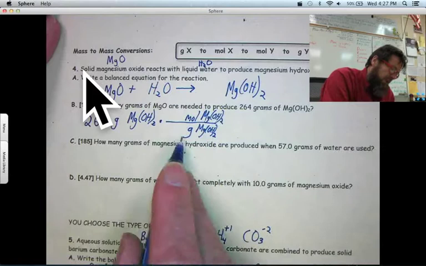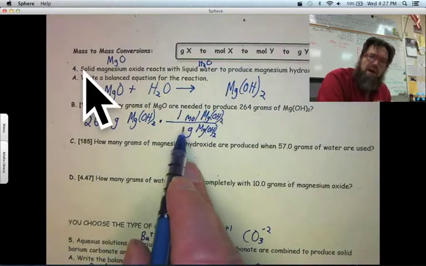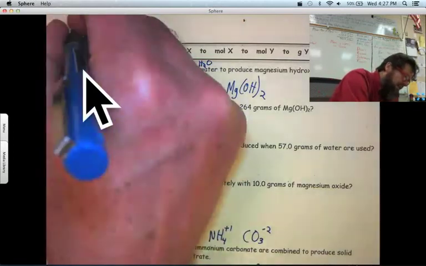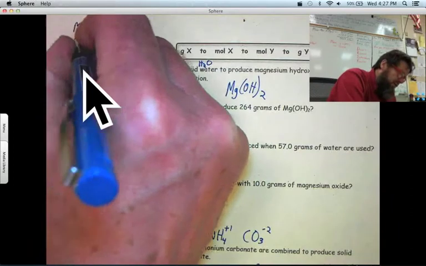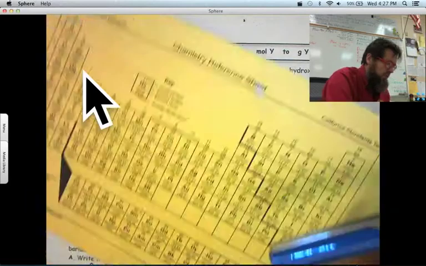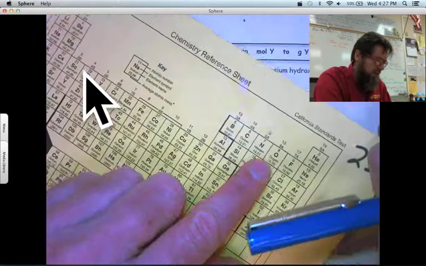How many grams per 1 mole? We have to figure out the molar mass. We've got magnesium and 2 OHs. Magnesium, looking in our periodic table, 24.3, and oxygen 16, hydrogen 1.